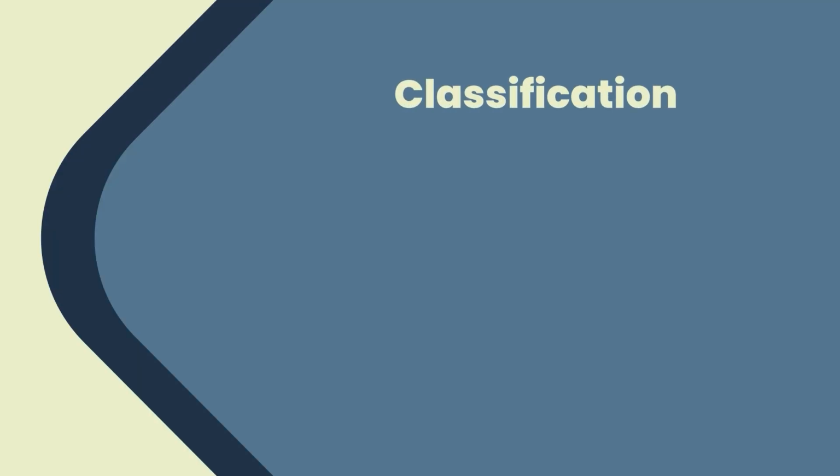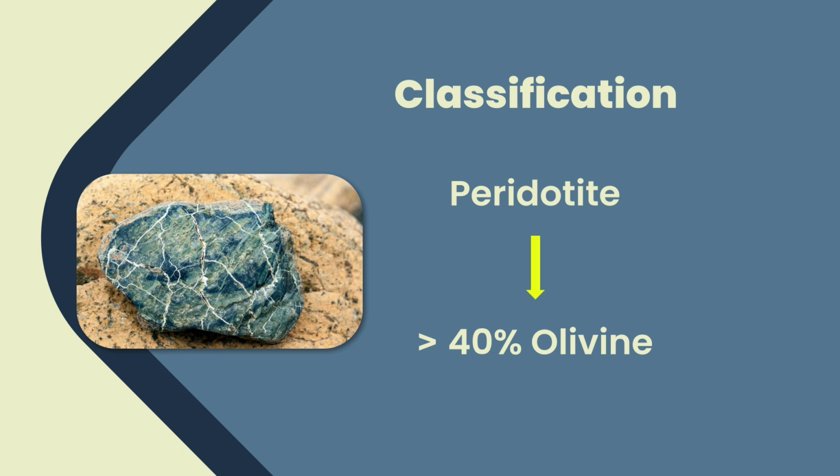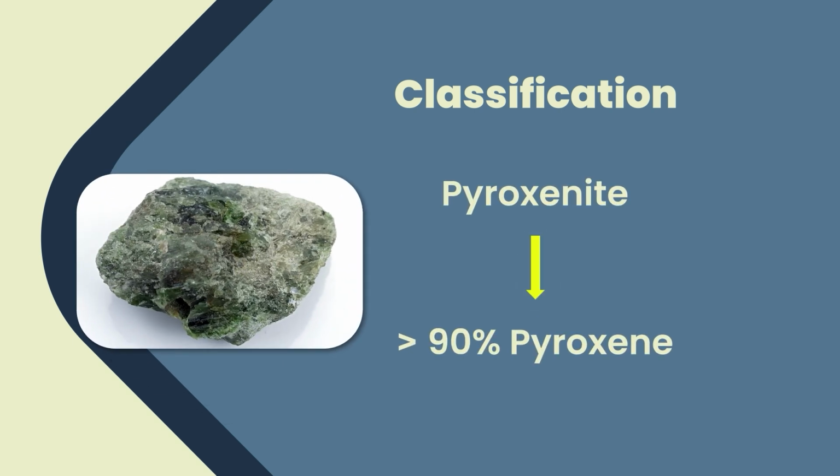When we classify ultramafic rocks, they can be peridotite, pyroxenite, hornblendite. Peridotite is the variety of ultramafic rock in which olivine content is more than 40%. In case of pyroxenite, pyroxene content is more than 90%.